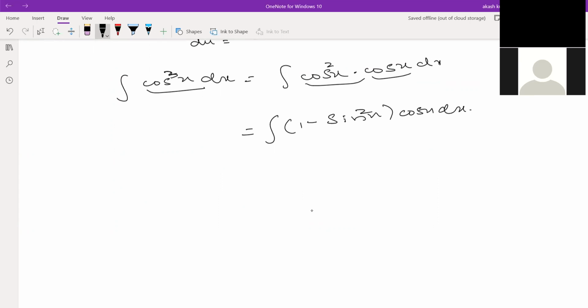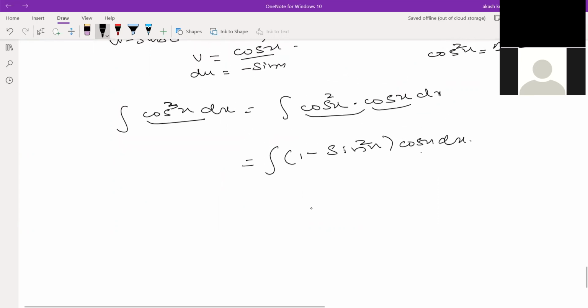Can we now apply the U substitution? Yes, because we have cos and sine, and both are the differential of each other. So U is sine x.